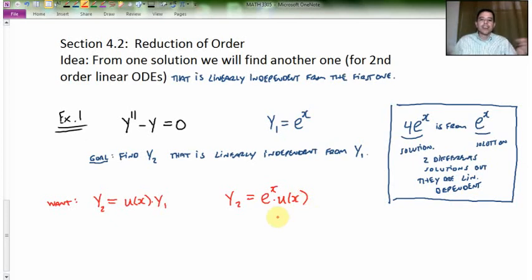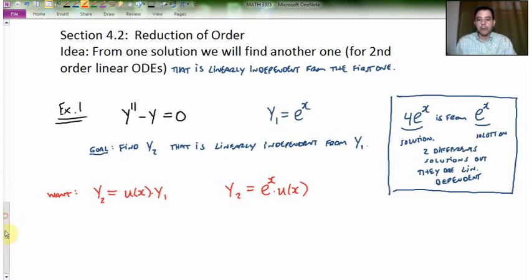You may ask how do you know that the second one will be u times the first one? The exercise shows that if you do this, it will be linearly independent from the first one. That's the technique. They call it reduction of order.